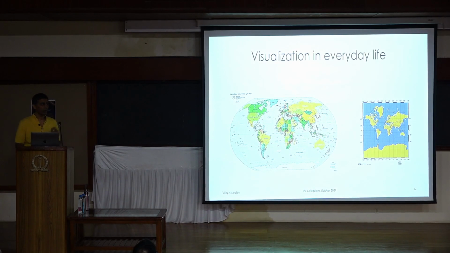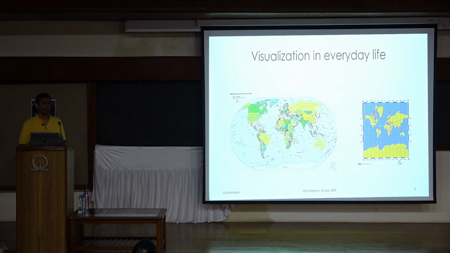Another example which tries to drill down this point is maps. We all use maps, which are essentially a transformation of the geography of the Earth, modeled typically as a sphere, onto the plane. Different tasks require different transformations, different maps.